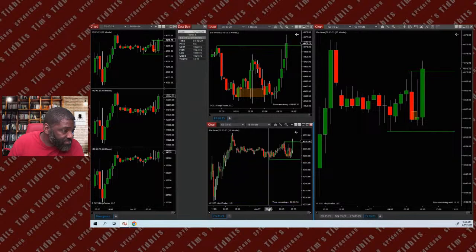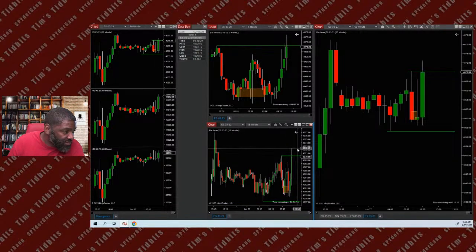On the 15 minute, we came up to that high. Is that wick for wick? 40.7250 came wick for wick with the 1630, that'll be the 1615 candle, or the 415 candle from yesterday.